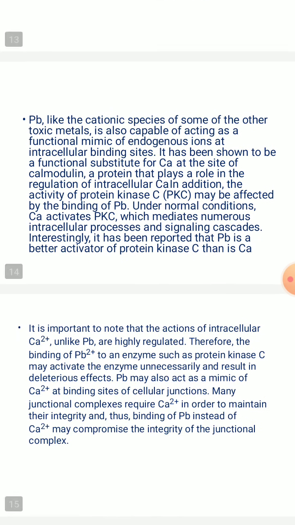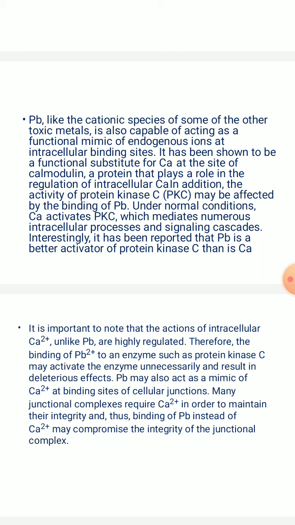It is also very important to note that the action of intracellular calcium, unlike lead, is highly regulated.